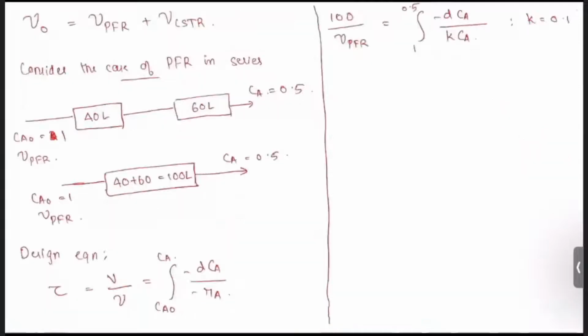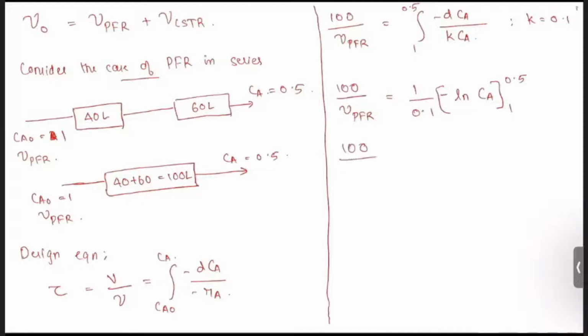Now we can integrate this and substitute the values, and we can find the flow rate of the PFR, that is nu PFR. So 100 by nu PFR will be equal to 1 by k, which is 1 by 0.1, times the integral of dCA by CA, which will be ln CA between the limits 1 and 0.5.